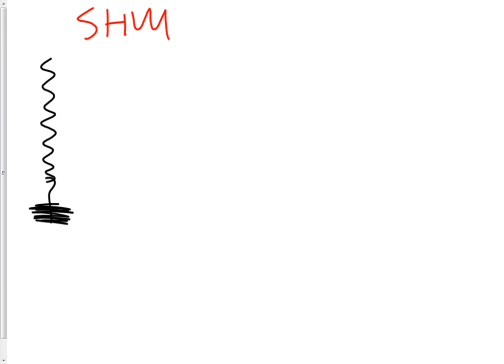Okay, I really want to go through a whole load of examples of uses of various formulae that we've come across so far for simple harmonic motion. So, we're going to start off with a mass on a spring. This whole thing here is a mass on a spring.